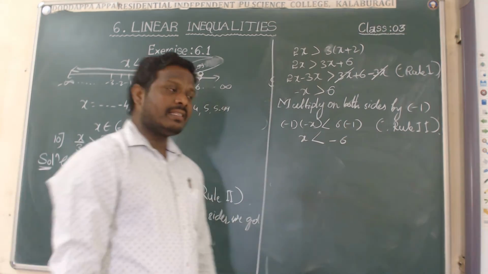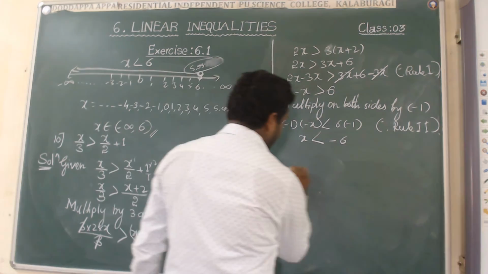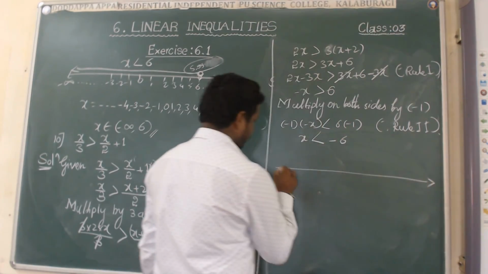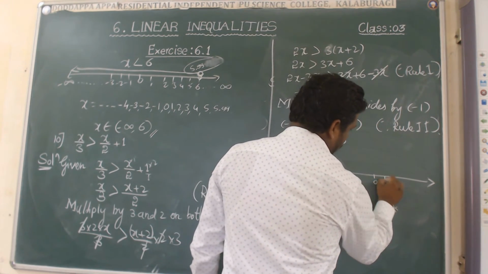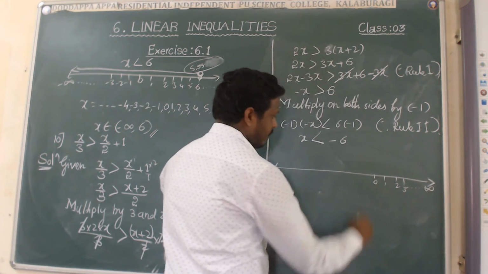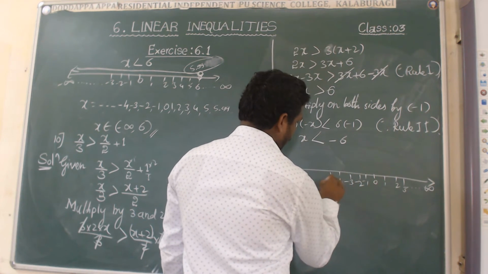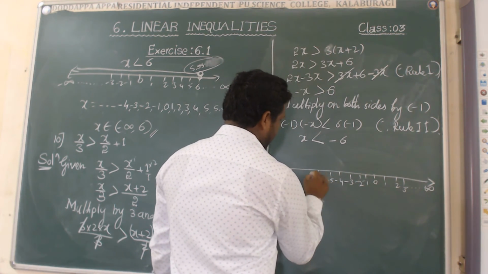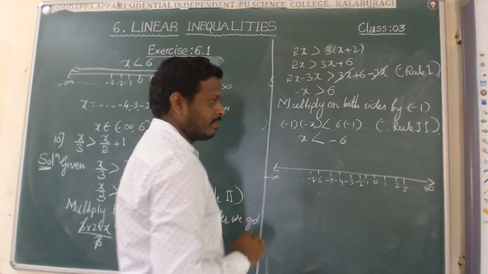Now we can write easily the values of x here. Now come to the number line, then we will be getting it very clearly. Yes, this is 0, 1, 2, 3, and so on up to infinity. Here minus 1, minus 2, minus 3, minus 4, minus 5, minus 6, minus 7, and so on to minus infinity.